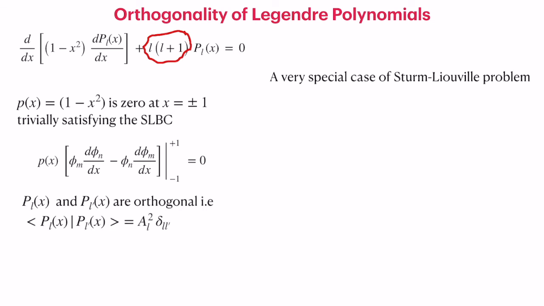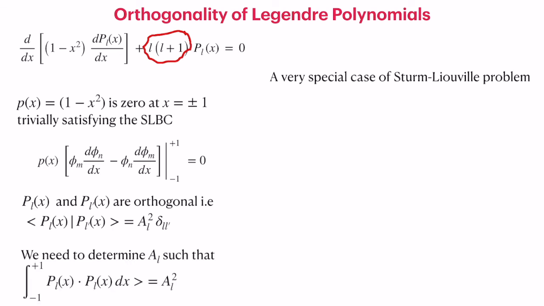One important thing to notice is that these Legendre polynomials are orthogonal but not orthonormal. That is, the inner product of PL of x and PL prime of x is not delta L L prime. It in fact has a value A square of L. To make it orthonormal, we simply have to divide by A of L for each term.